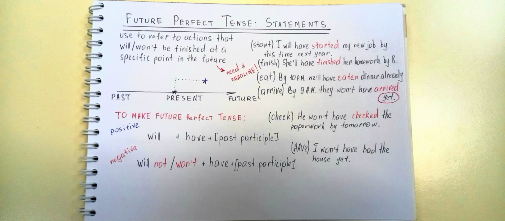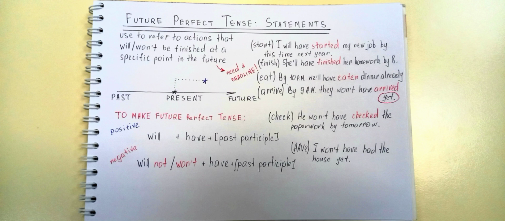Again, a negative. He won't have something, the paperwork, by tomorrow. Our verb is check. The past participle form of check is checked. He won't have checked the paperwork by tomorrow. So the deadline is tomorrow. By tomorrow, he won't have checked the paperwork.